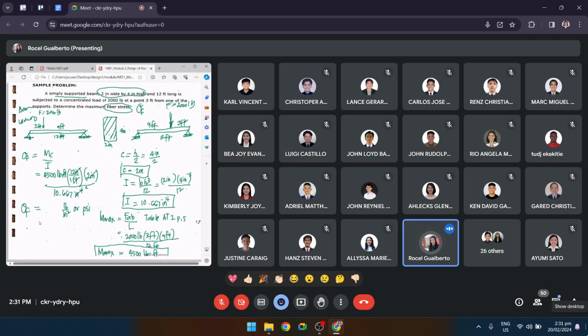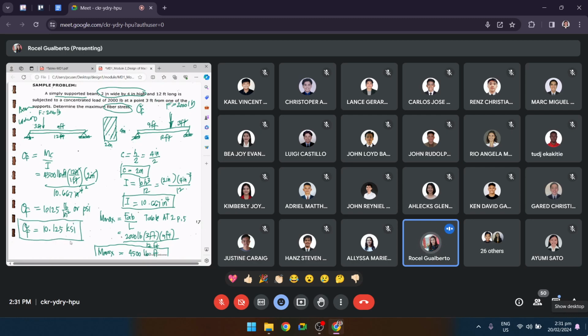Pi over 4 square root of 2. 10,125. Okay, correct. 10,125 PSI. And if you wish to convert that to KSI, divide by 1,000. 10.125 KSI. So this would be our answer.